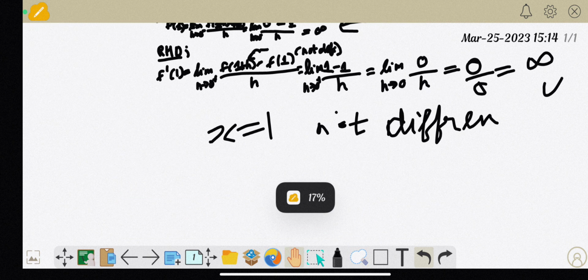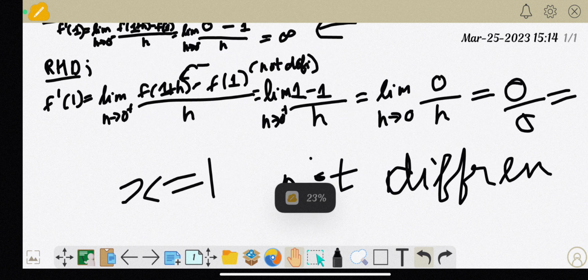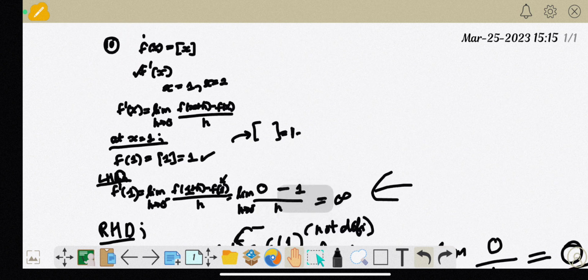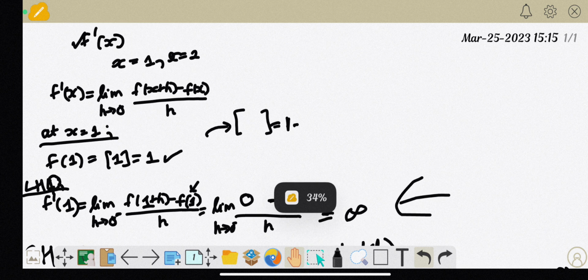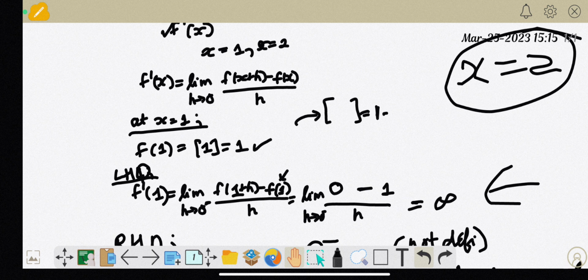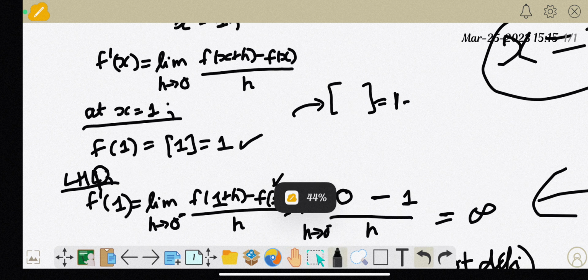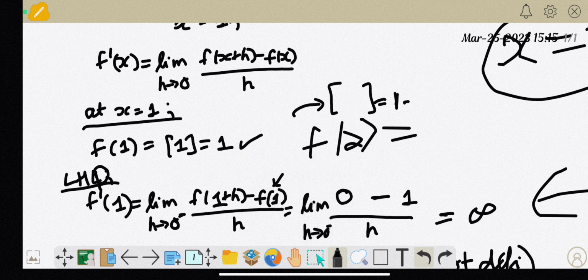Yeah, so here left hand derivative is not equal to right hand derivative. So a similar procedure you can apply for when x is equal to 2. First find out f of 2, how much it is.